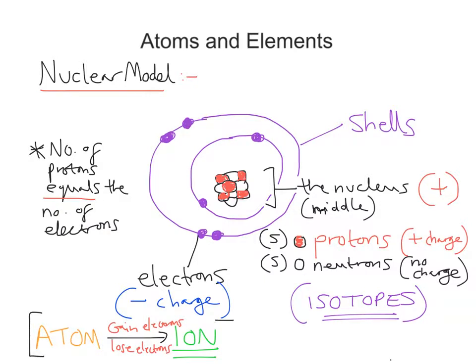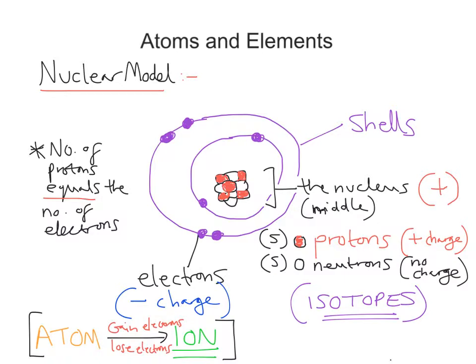So the atom has no charge, neutral, and when we gain electrons or lose electrons, that's when it becomes an ion, and we say that that structure then has a charge to it. The atom then becomes an ion and is charged.